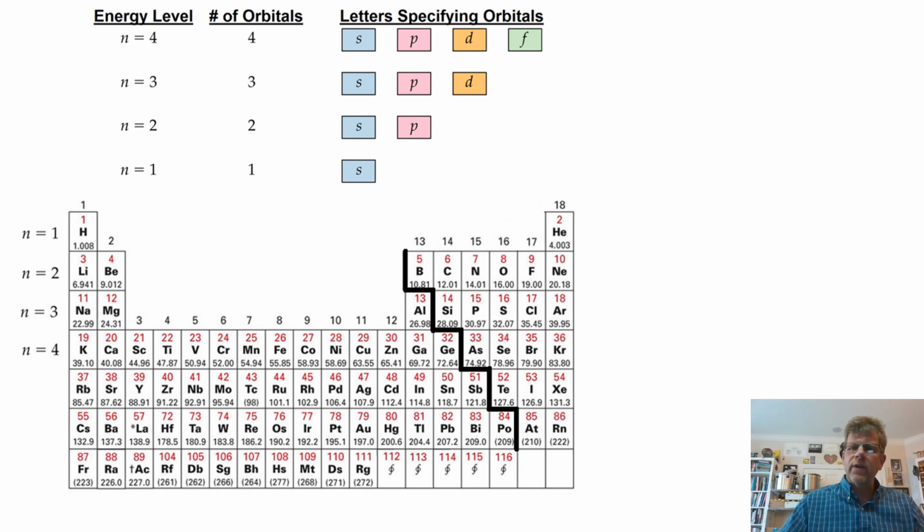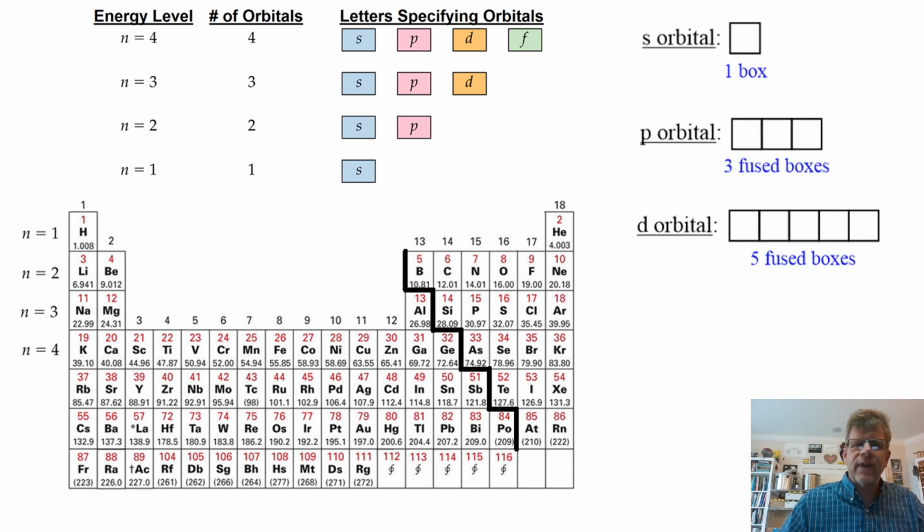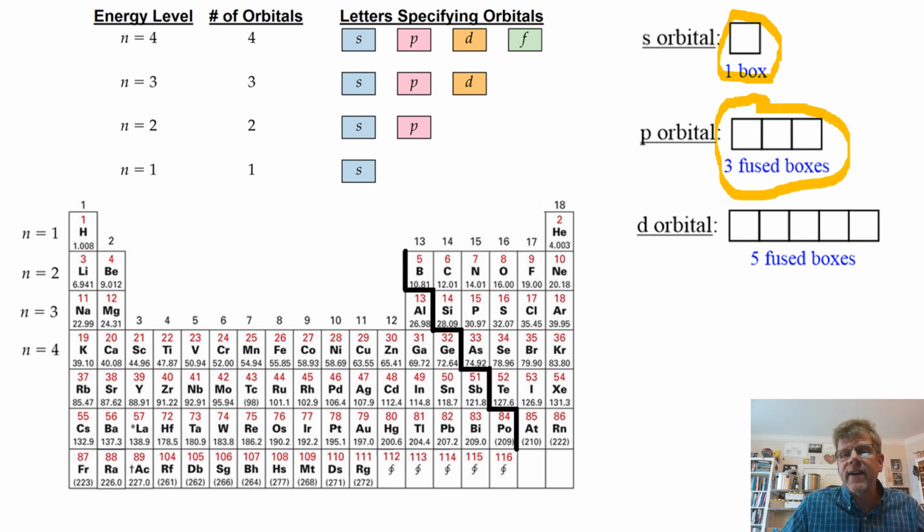The second thing I want to illustrate is that these energy levels are comprised of orbitals, which have different shapes. An s orbital is 1 box, can hold 2 electrons. A p orbital is 3 fused boxes, can hold 6 electrons. A d orbital is 5 fused boxes, which can hold 10 electrons, 2 per box.